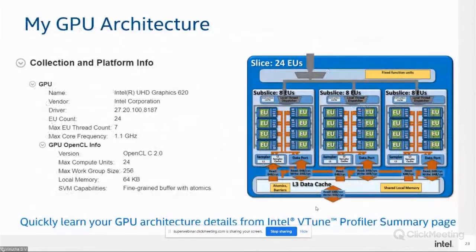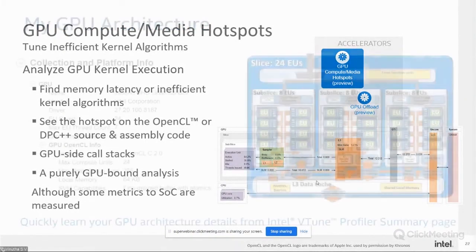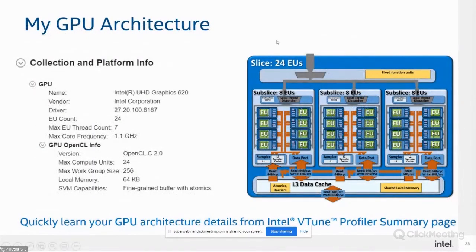Next, this is about the GPU architecture. This is just for your understanding, and it's Gen architecture. Just to help you understand this particular figure, I'll give a high-level overview. Usually we have slices, sub-slices, and execution units in our GPU architecture.